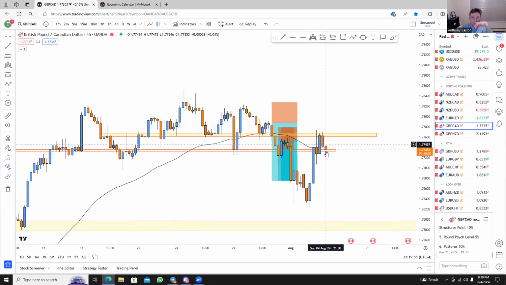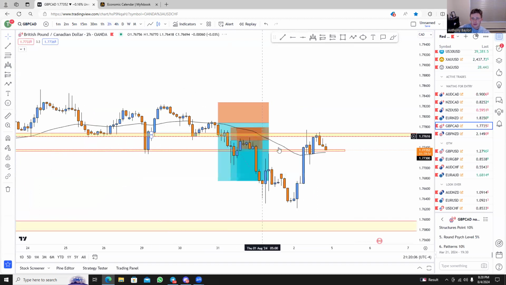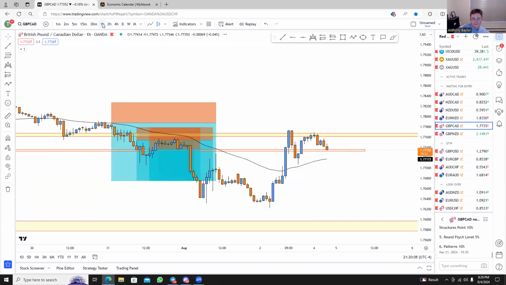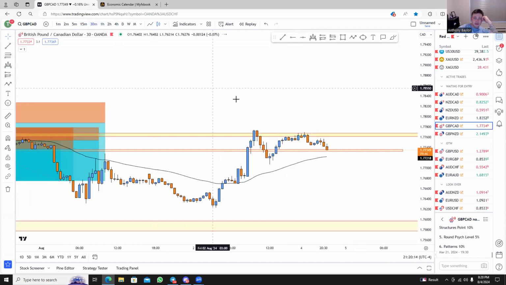I want to see it break below this 4 hour. It probably needs to, on a lower time frame. Yeah, let's go to the lower time frame. Basically, I need to see the 1 hour go above. Let's see, do we have shift structure?